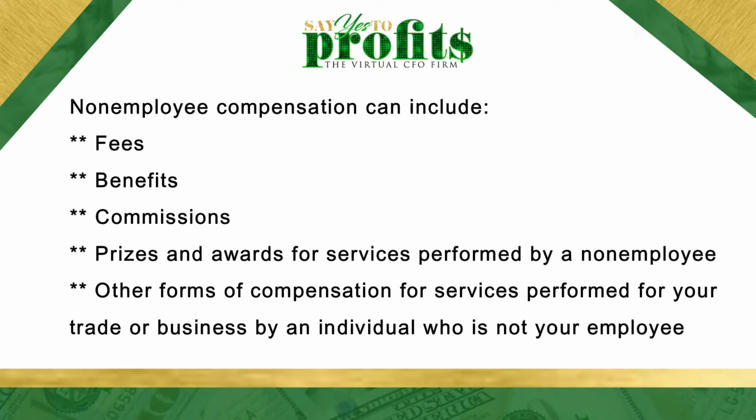Now, we talked about the fees and services, but also benefits, commissions, prizes, and awards for services performed by a non-employee, other forms of compensation for services performed for your business by an individual who is not an employee. All of that information will go on the 1099 NEC.